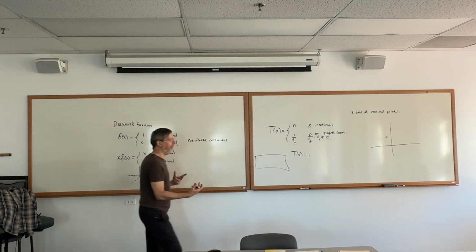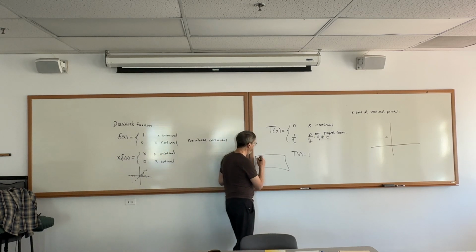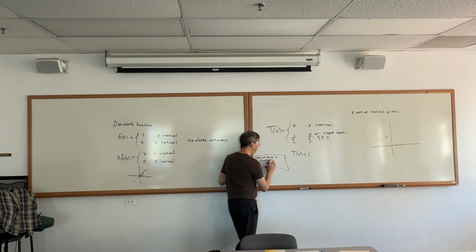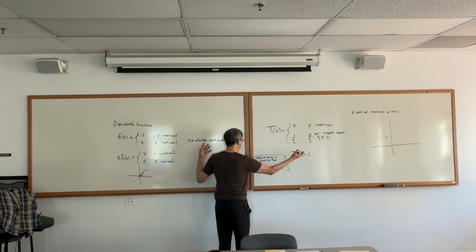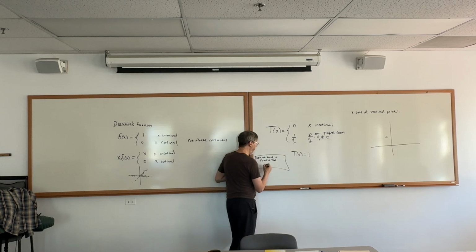Here's a question I want to put out there: can we have a function that is continuous only on the rationals? Seems like we should be able to. Here we got none, here we got one, now we got uncountably many points where it is continuous.